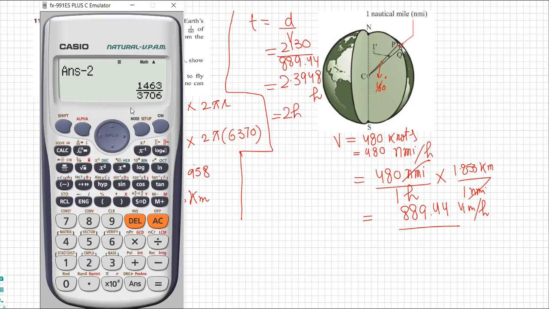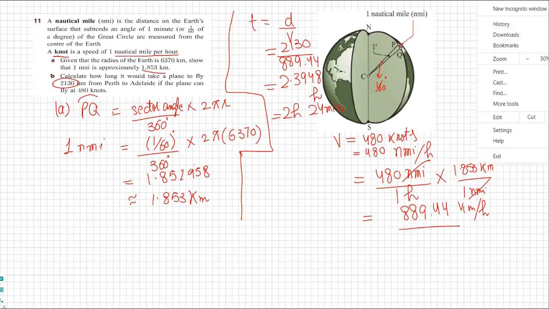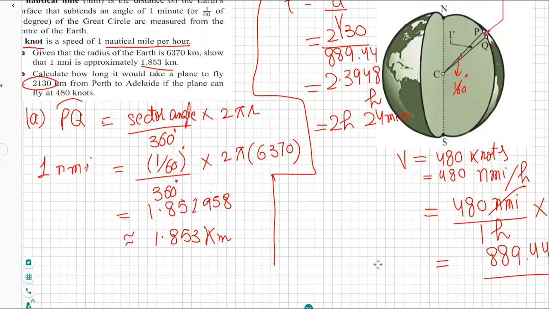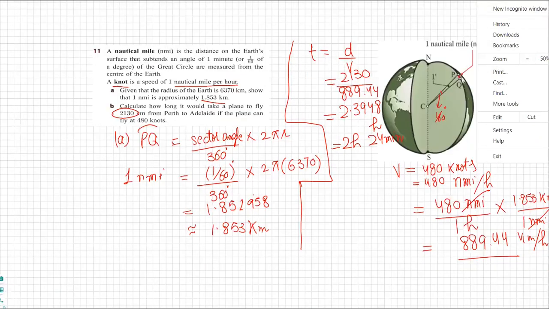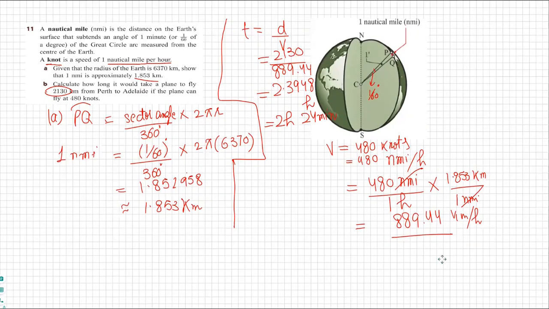So 2 is the integer part, and the fractional part 0.3947 multiplied by 60 gives you 24 minutes almost, right? Got it? Note this now.